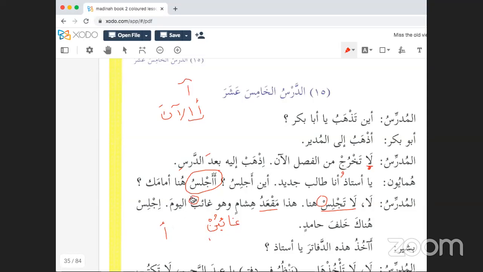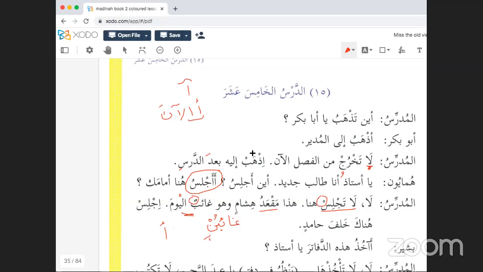It's a nun sakin at the end of a word. Jayyid. So if this is a nun sakin, and after it you have alif lam with a sukoon, here you have iltiqa sakinain. In order to join those two words together, you will say, as Ayman said, غائب اليوم وهو غائب اليوم.